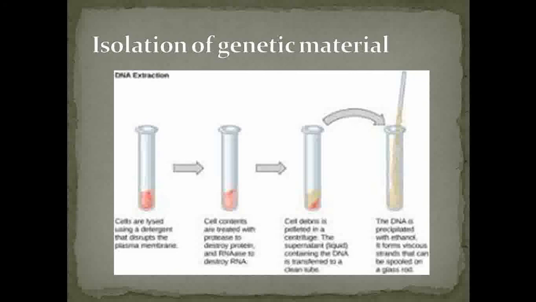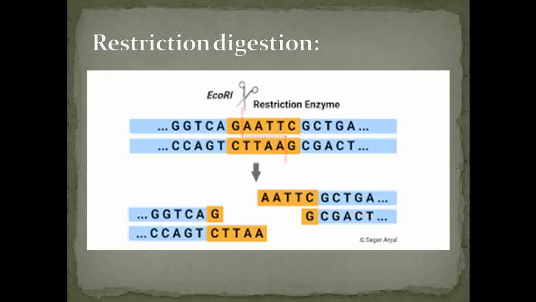From any one of them, you are able to isolate the DNA. After isolating the DNA, remember that not the whole DNA can be transferred into the host. Only the part or the gene in which we are interested, only that part we have to cut and transfer into the vector. So for that, the next step is restriction digestion.